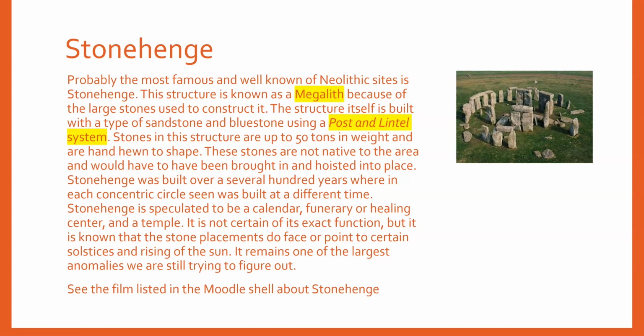And there's a site nearby that served as a campsite, but this itself was not a living structure. It was used specifically for ceremonial purposes and has been changed over time, not by us recently, but by early humans and how they used this. And you want to check out that film because it goes into great depth about this.